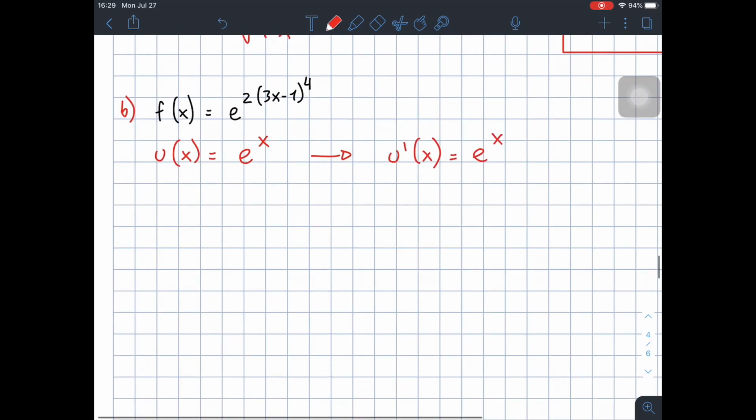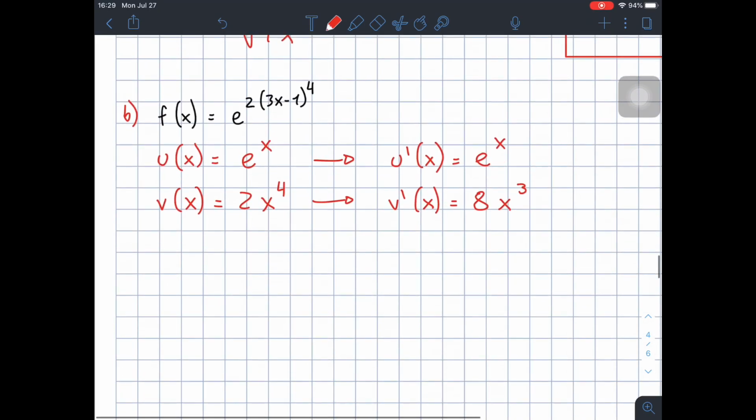Then we have the second innermost function, which is v of x. That would be 2x to the fourth power, right? So then the derivative of v is 8x cubed. And finally, the innermost function, I'm going to call this r of x.